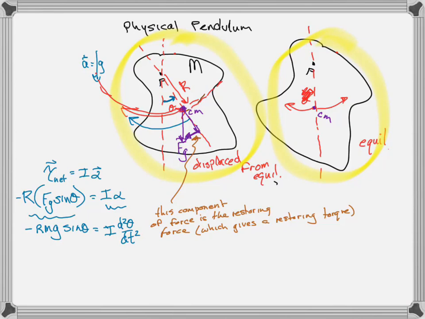So this here is our equation of motion. This last thing that I wrote down is the Newton's second law equation of motion of the physical pendulum. It tells us about the relationship between its angular acceleration and angular displacement.